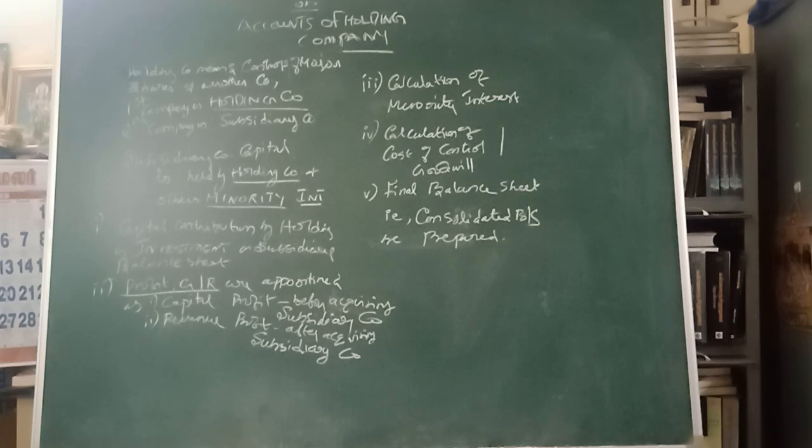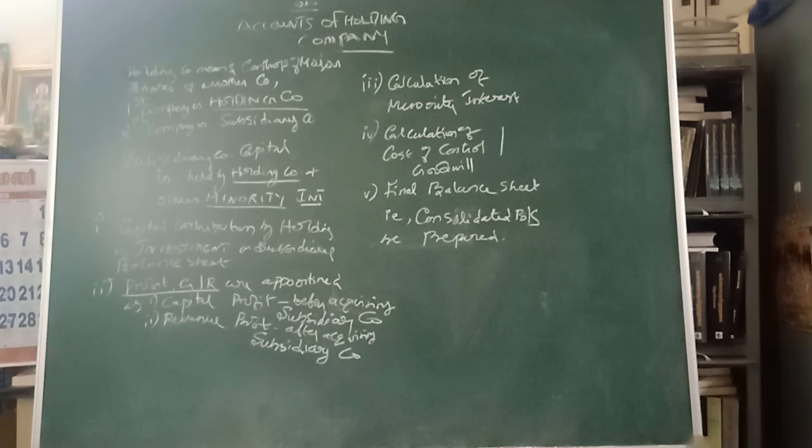Please understand, they are a minority only as far as the activities of this concern are concerned. So the majority of shares are held by one company, and the minority of shares by different persons scattered in the market. In general, we can take it like this for our understanding.